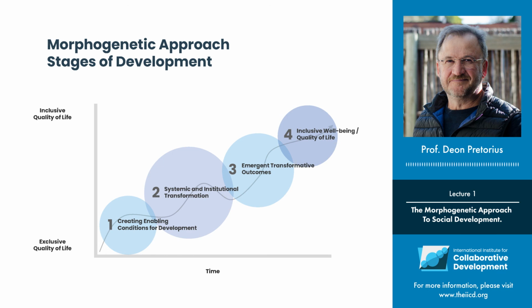Finally, stage 4 refers to inclusive well-being or inclusive quality of life. This is, as I said, the long-term ultimate development goal. And the only really important point that I want to make in this regard is that, as already implied, societal transformation or societal development does not just refer to, for instance, the economy, or to infrastructure, or to housing, or to government, or to governance, or to education.